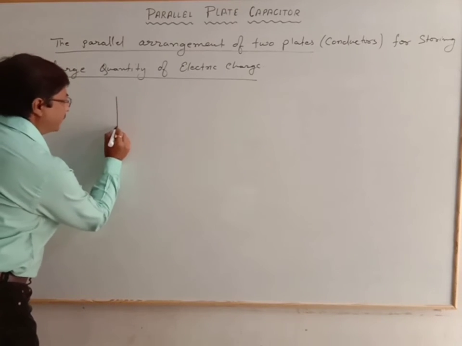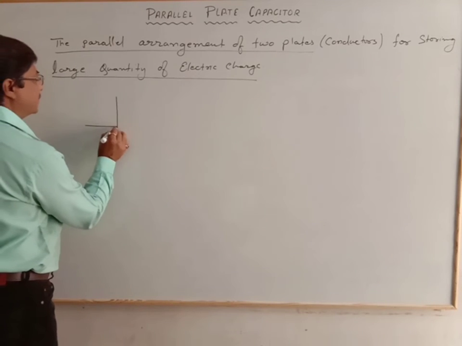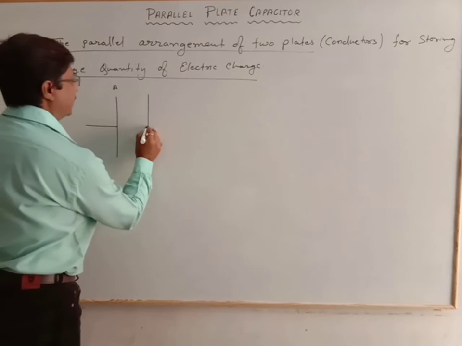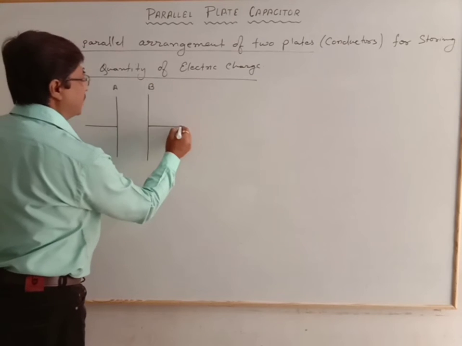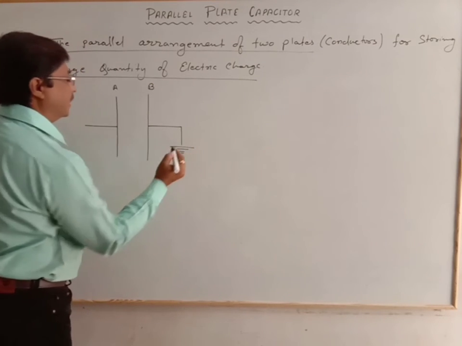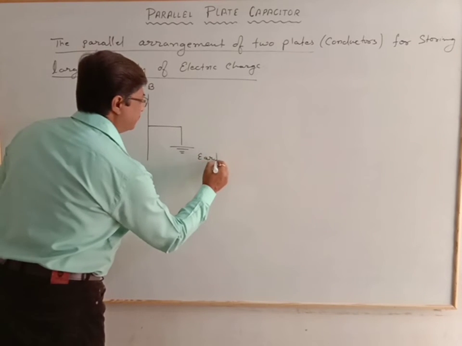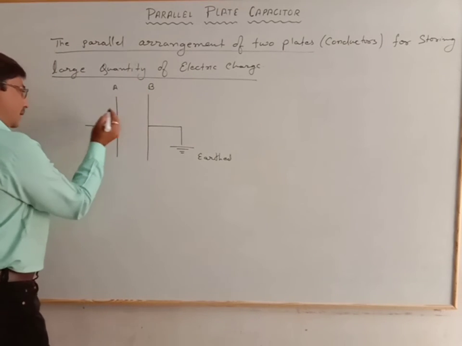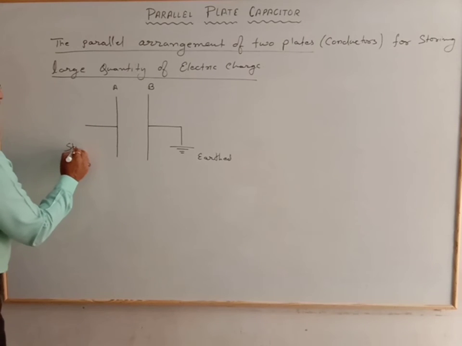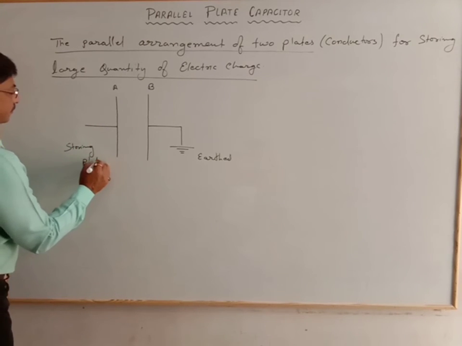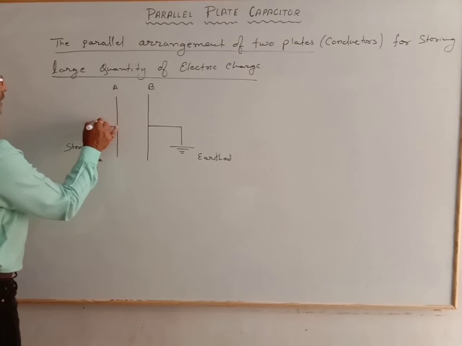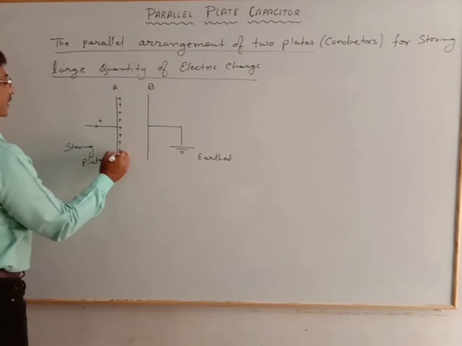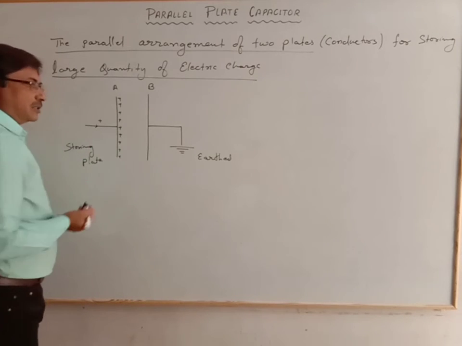Let's suppose one plate, that is plate A, and just near it is another parallel plate, the supporting plate, plate B, which is earthed. The storing plate is plate A. That means the charge is supplied to plate A, and the charge will distribute itself in plate A, whatever it may be, positive or negative.